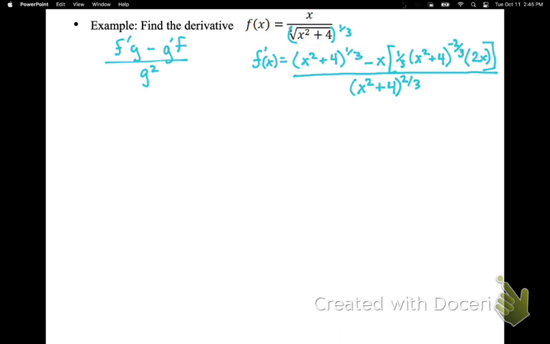Unfortunately, there's nothing we can reduce out, so we're done. But we have to get the 1/3 out and the negative 2/3, don't we? Yeah, we do. So we got to factor out 1/3, and we have to factor out x squared plus 4 to the negative 2/3.